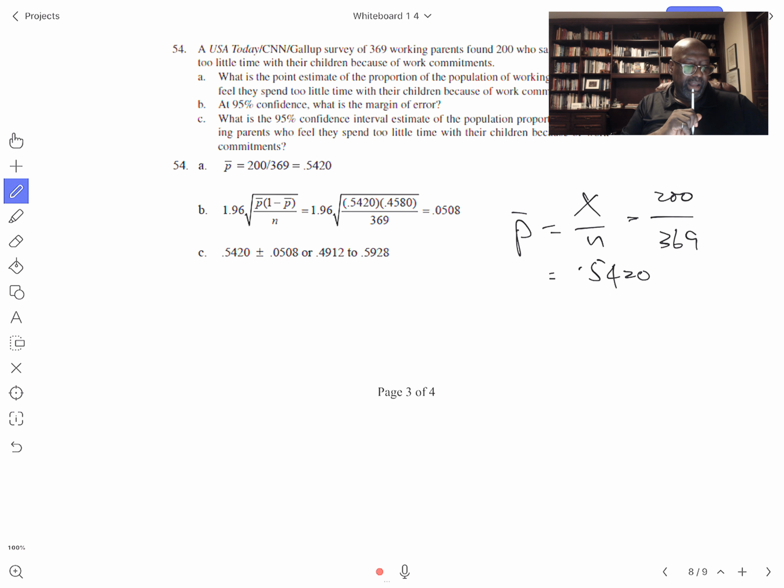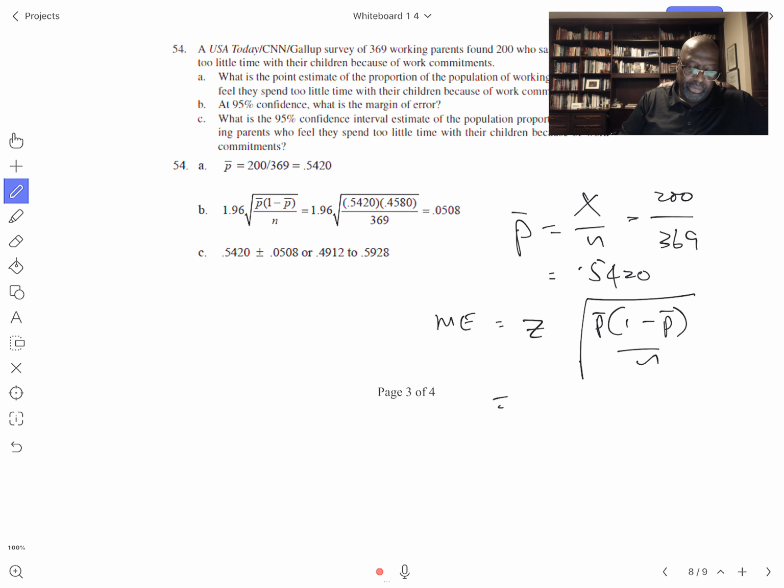Now, if we want to find a 95% confidence interval, what's the margin of error? Well, we know margin of error is simply Z for that confidence level times the square root of P bar, 1 minus P bar over N. So for a 95% confidence level, Z is 1.96.